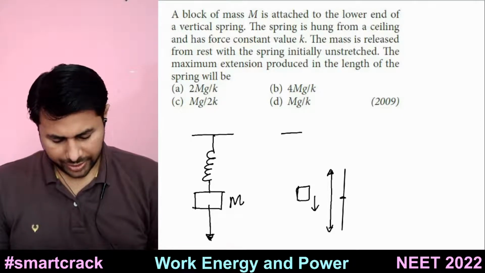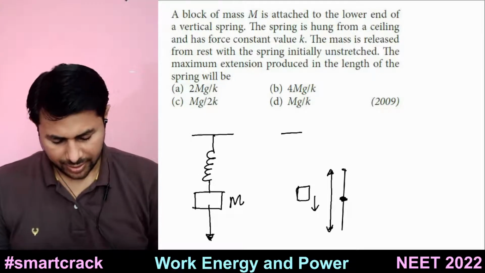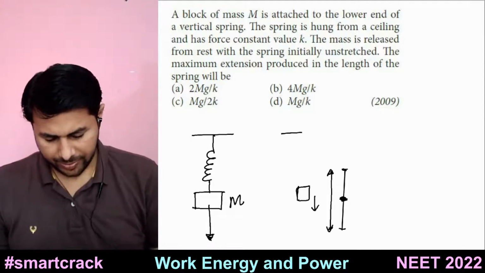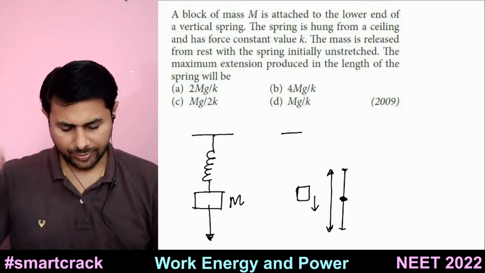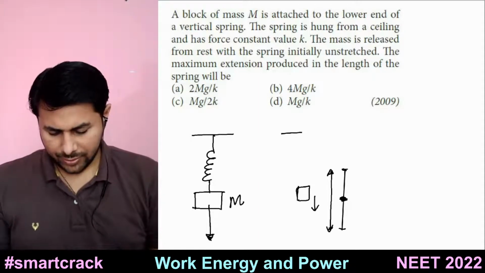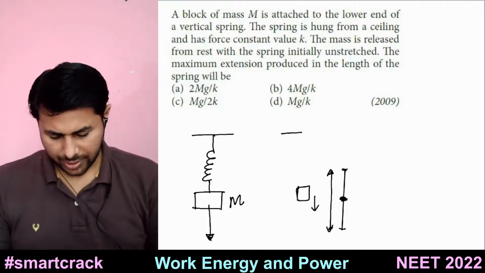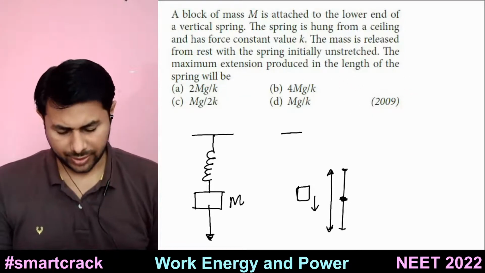Its speed becomes maximum at this point, and it becomes 0 at this point and this point. It performs oscillations like this. So now, how much will be the maximum extension produced in the length of the spring? This is the question.